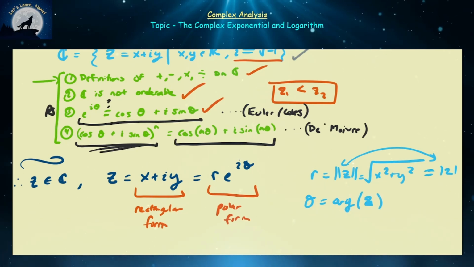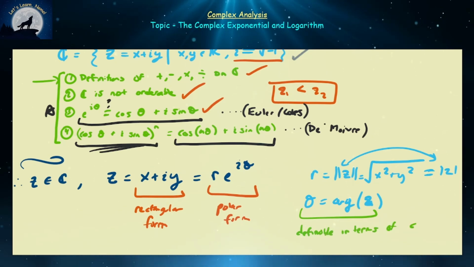And keep in mind, as we did last time, this is definable in terms of the arctangent function. It's not as easy as one might think, it's not just arctangent of y over x. There is a little bit more of a definition that you have to be more precise with that particular argument.